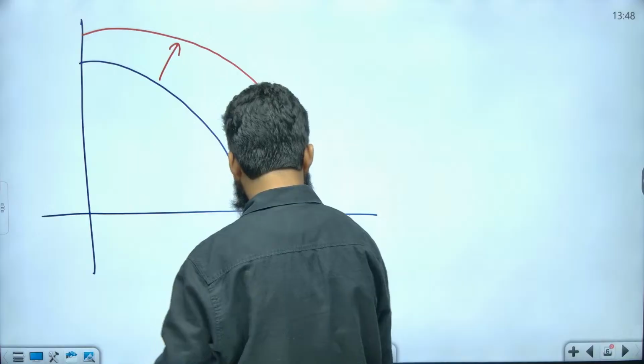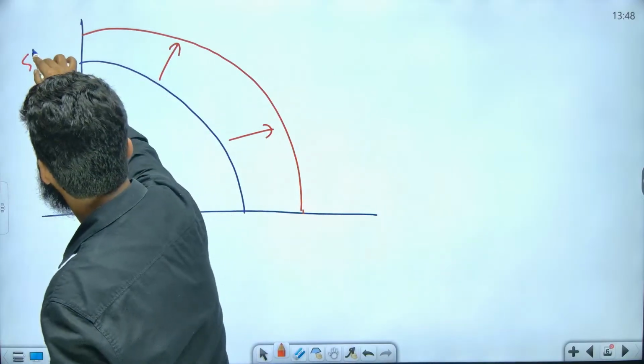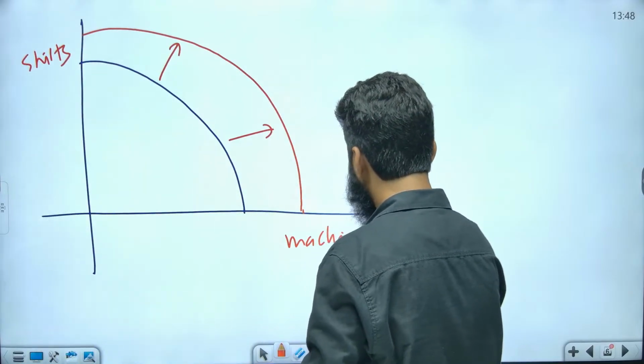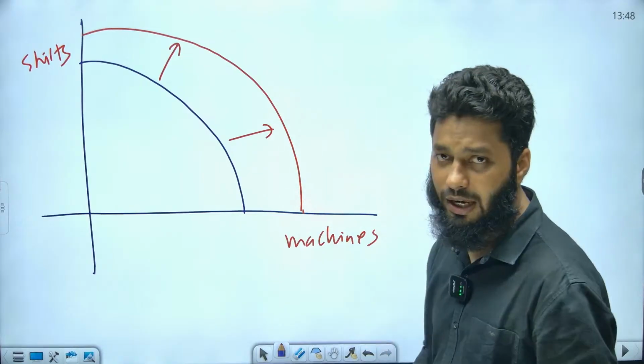Now see, please don't misunderstand things here. Suppose these are for shirts and these are for machines. Now it may happen that technology improvement is only for shirts and not for machines.